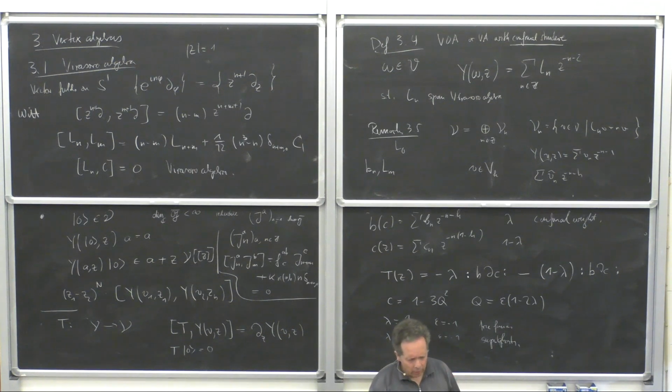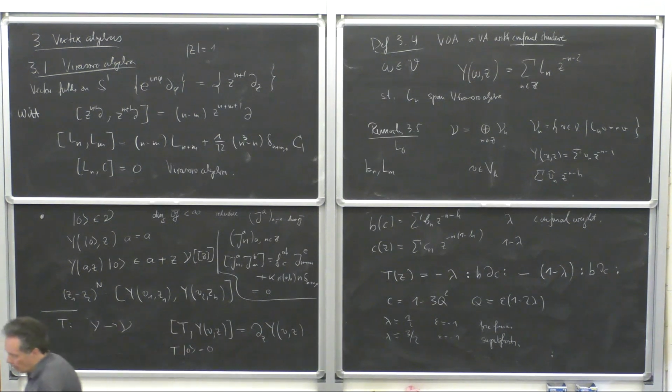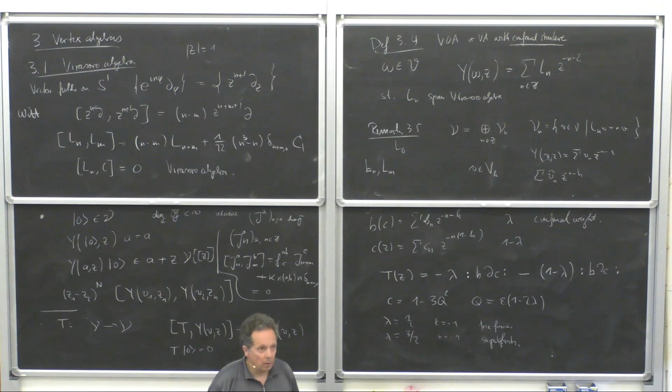Think about vertex algebras as generalizations of commutative algebras. If you look at representations of commutative algebras, what do you expect? You can form a tensor product. So these will be categories with a tensor product. And this is what I'm trying to explain to you next.